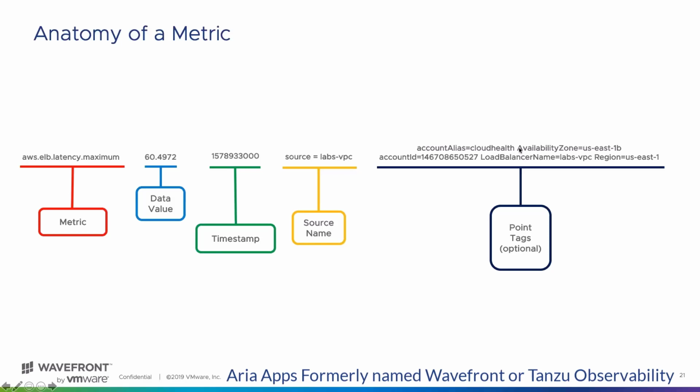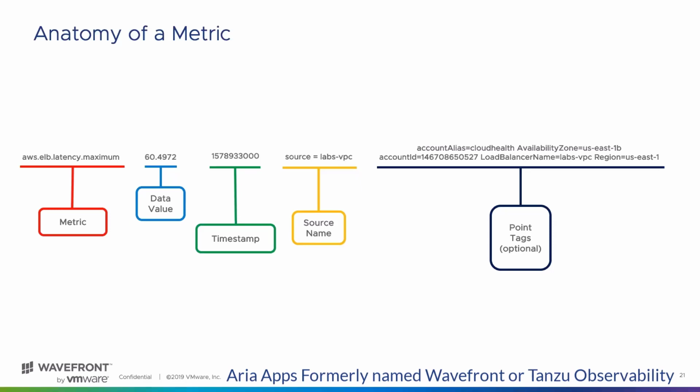These dimensions are literally attached to this metric and this source at this timestamp. If I then graph another metric that is being reported by the labs-VPC source and it doesn't have these point tags on the data, then I'm not going to see those tags and I'm not going to be able to access these tags in my query.